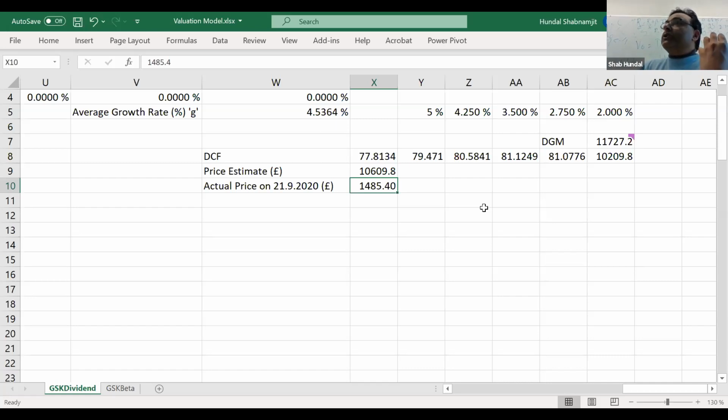So this is a basic calculation, and based on this calculation, GlaxoSmithKline seems to be a highly overvalued stock in the future.